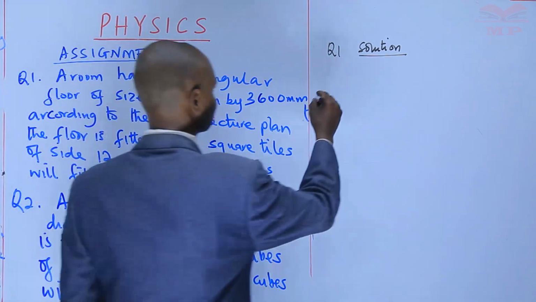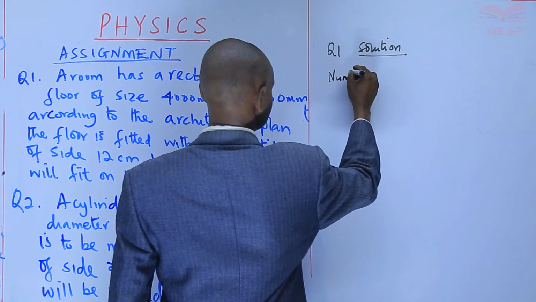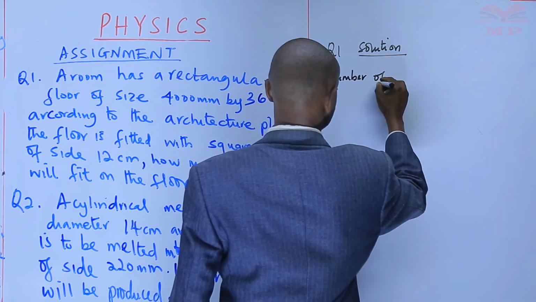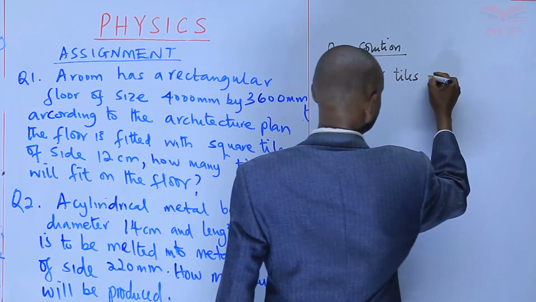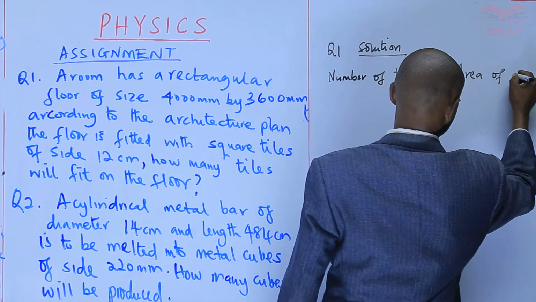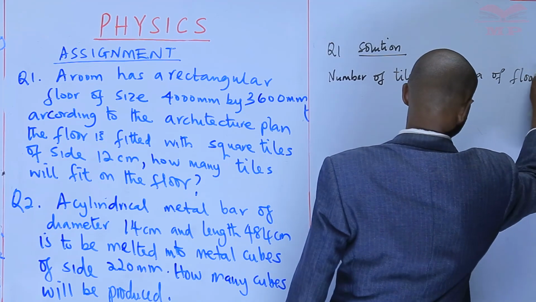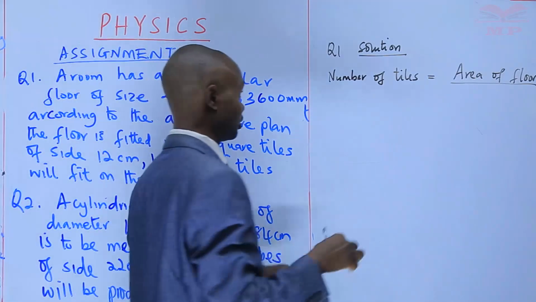So the number of tiles will be given by the area of the floor divided by the area of each tile.